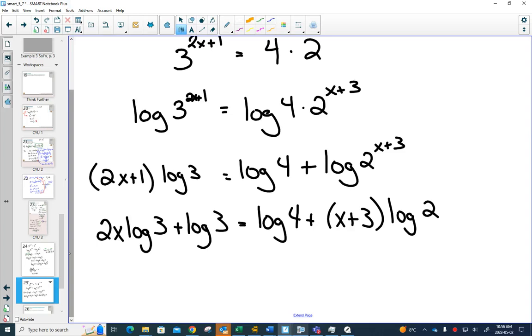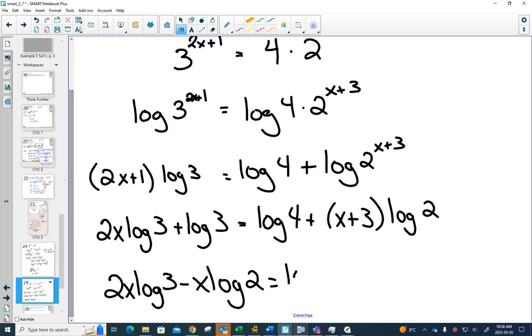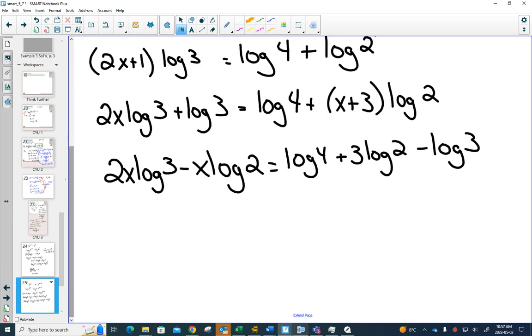what we're going to do is the terms that have x's, we're going to put all on one side. So I have my 2x log 3. I'm going to have an x log 2 on the other side, which I'm going to subtract. And I'm going to put all of my terms with logs. So I have a log 4 here and a 3 log 2. And I'm going to move my minus log 3 to the other side.